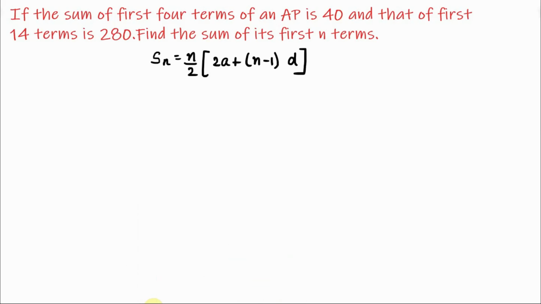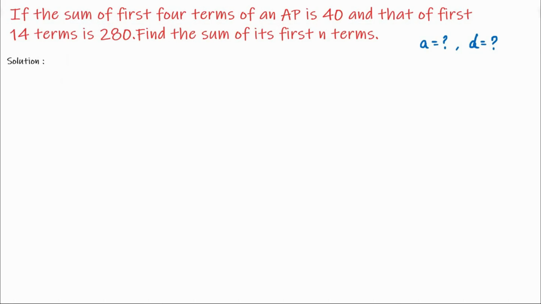This is what we have to calculate. So we need to know the value of a and we need to know the value of d in order to find the sum of the n terms, which is asked in the given question. So we need to calculate these two values, a and d, from the given information in the question.